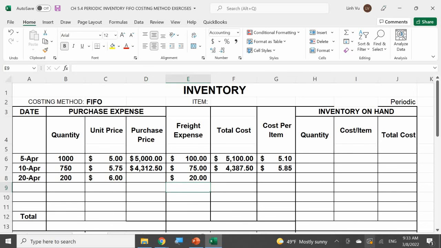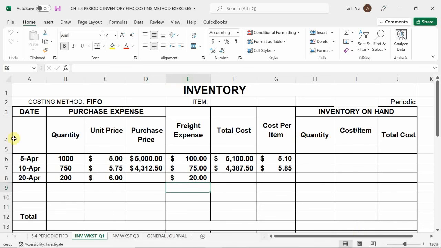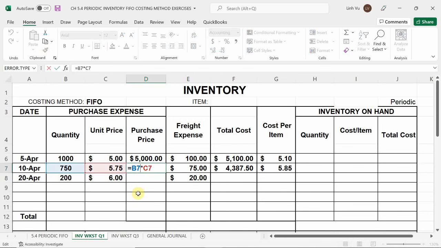Now here's a cool technique that you can learn too, using the fill handle tool, okay? Since I use cell referencing, right? If I double click on this, it tells me that I did my quantity of 750 and I multiplied it with my unit price of $5.75.